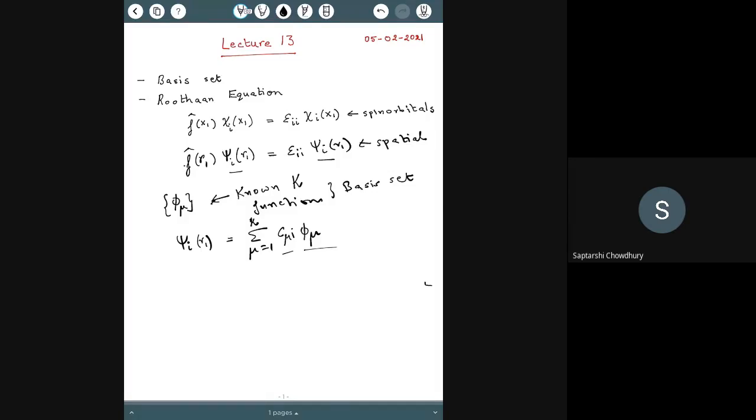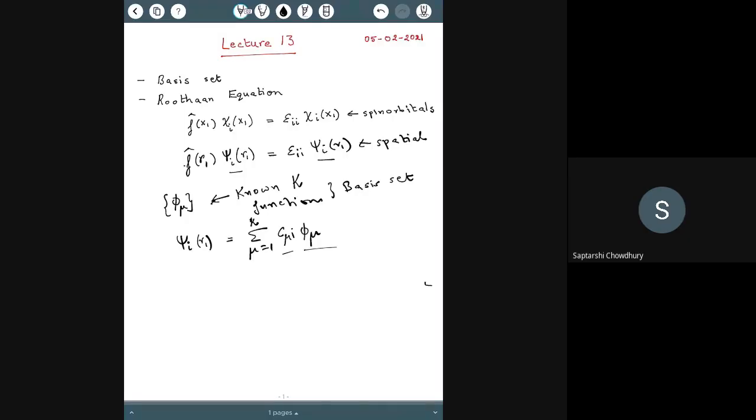So as long as my basis set contains more than n functions, I can represent all the occupied orbitals. In principle, if k is infinite, then I can represent any psi i, and the set phi mu is called a complete set.